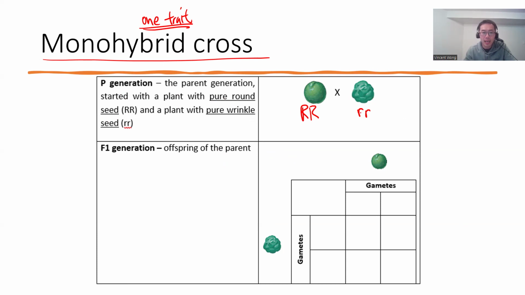So let's take a look at the first generation, the F1 generation, the offspring of the parents. Let's take a look at the gametes produced. Gametes are like the pollen, right? Produced by this particular seed. Well, this seed is big R. So when the chromosomes separate, half of the gametes are gonna carry the big R, and so does the other half, because that's the only option, isn't it?